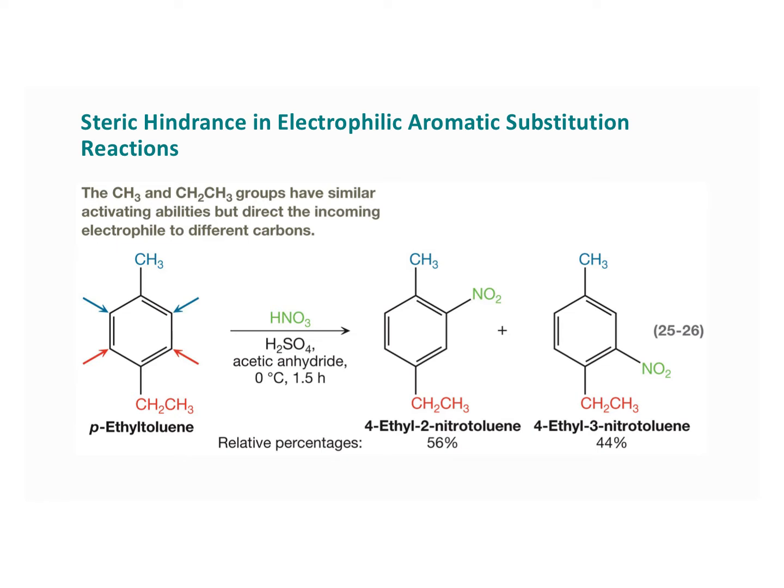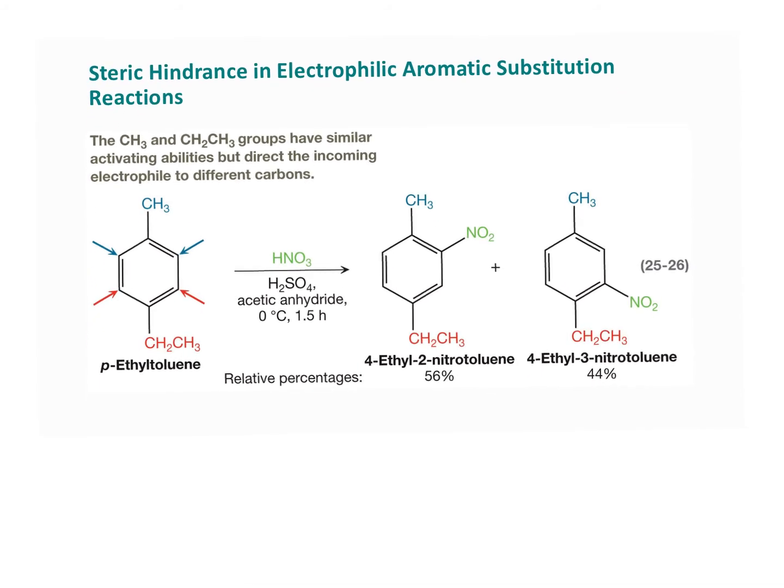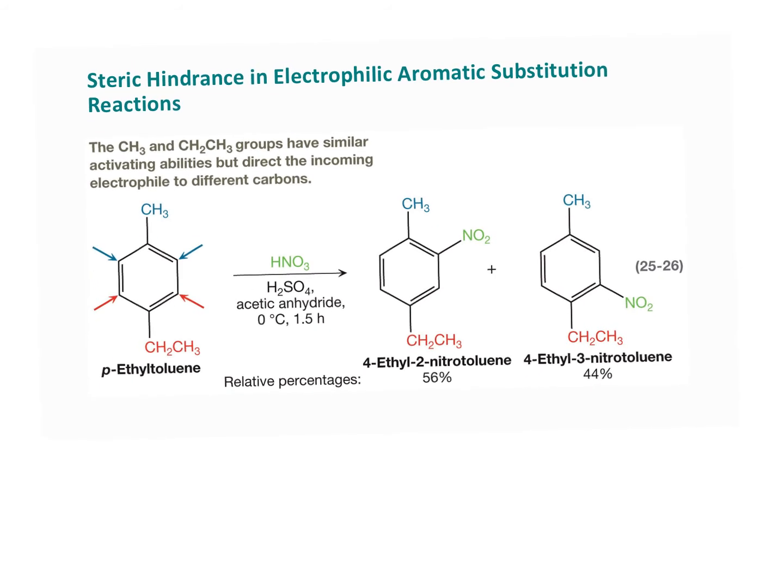Now, what happens if two substituents on a benzene disagree with the placement of an incoming electrophile and have roughly the same activating or deactivating ability? What I mean by that is they're roughly in the same location on table 25.3. This is the case with p-ethyltoluene undergoing electrophilic aromatic substitution, because the two alkyl groups have about the same activating capabilities.